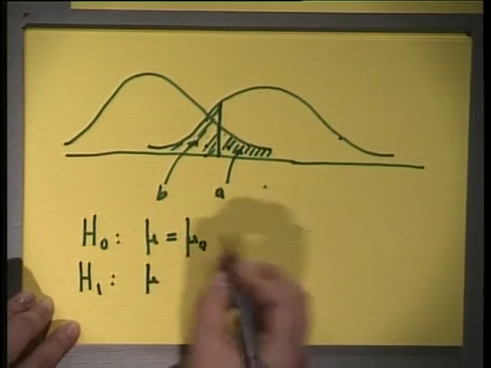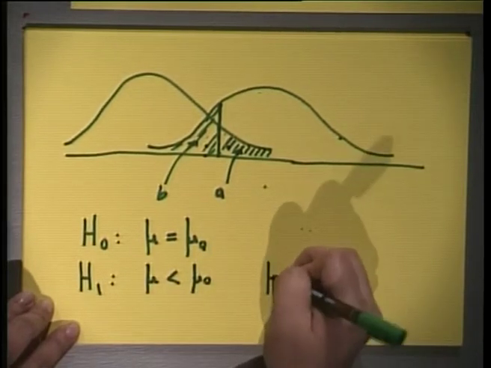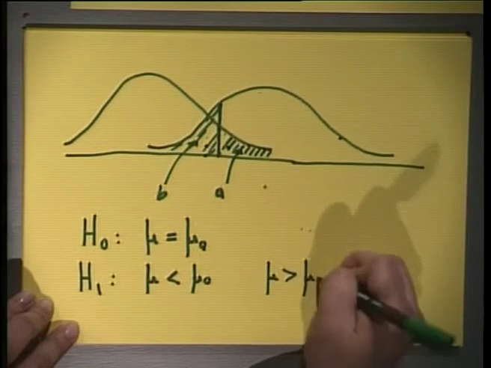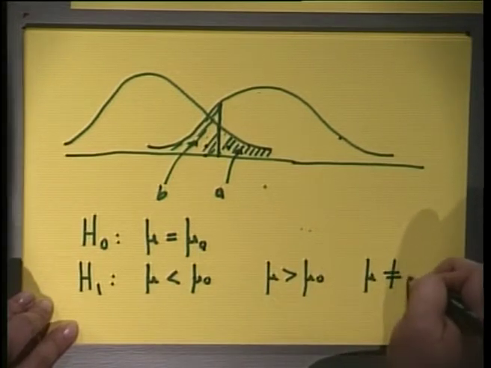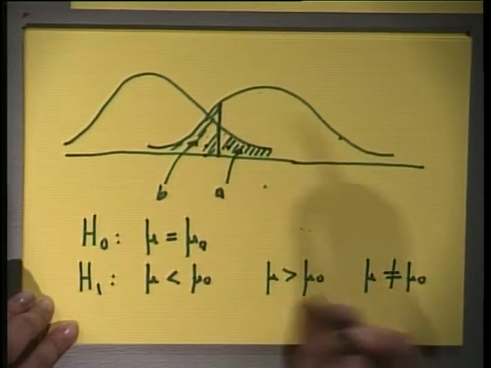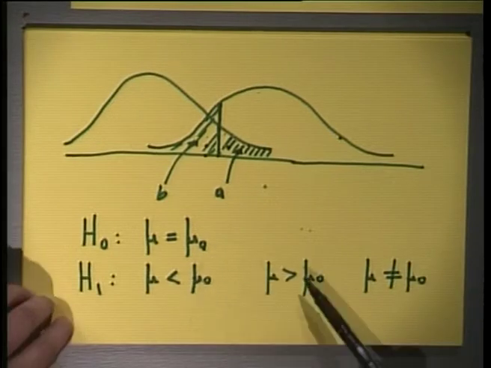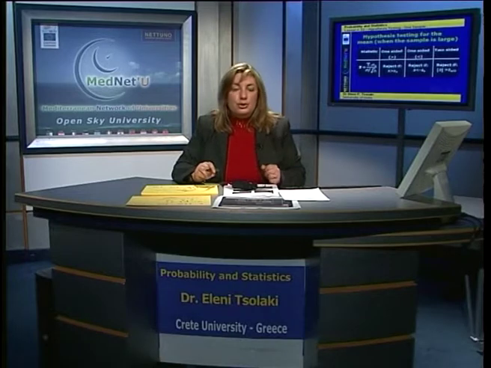If the alternative is less, greater, or not equal, we can have three different cases. We are going to see how for each case we can make a decision.